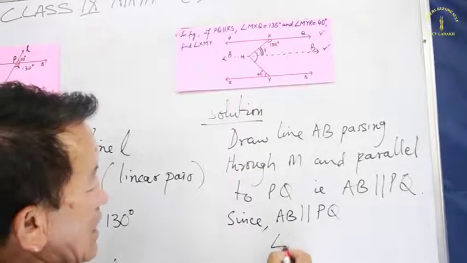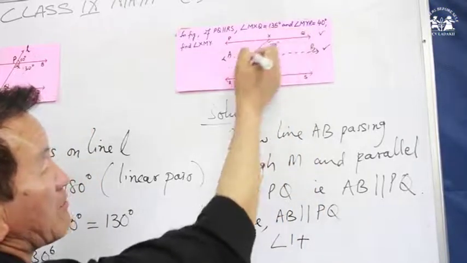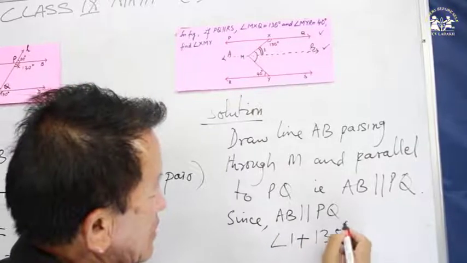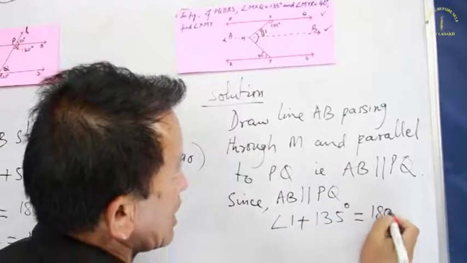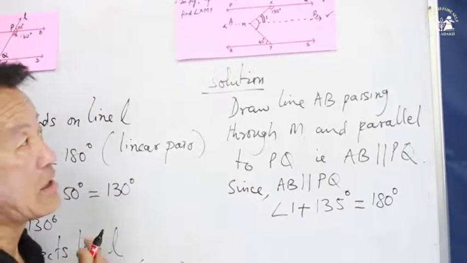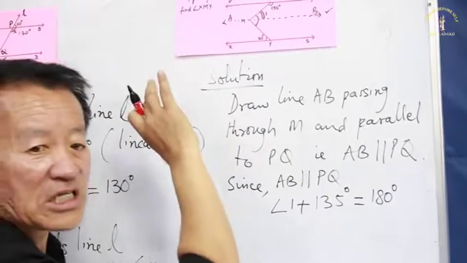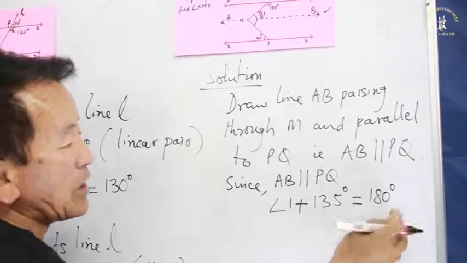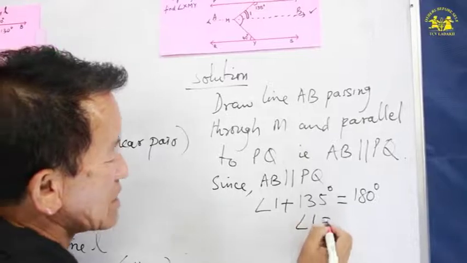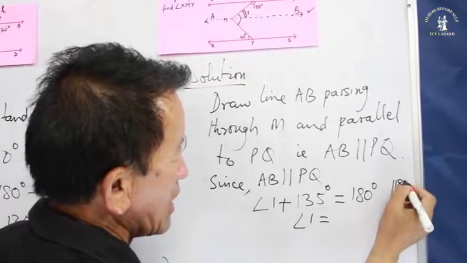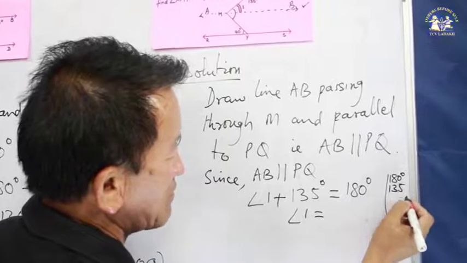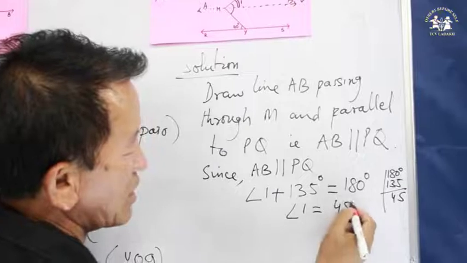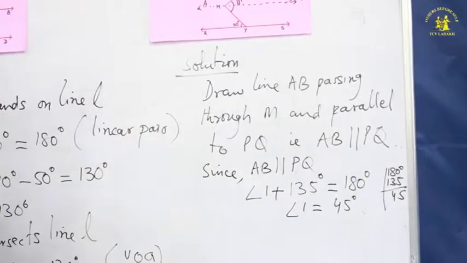Then angle 1 plus the given angle QXM, 135 degrees, is equal to 180 degrees. This is the result we discussed earlier: if two lines are parallel, the sum of interior angles on the same side of the transversal is 180 degrees. So angle 1 is equal to 180 degrees minus 135 degrees, which is 45 degrees. So angle 1 is 45 degrees, right?